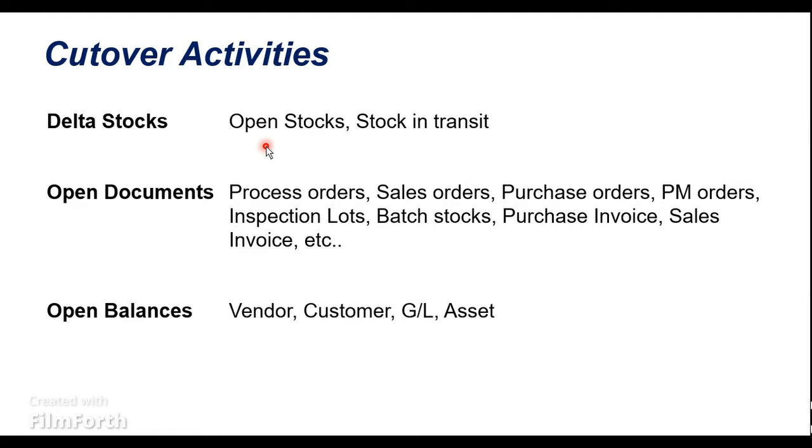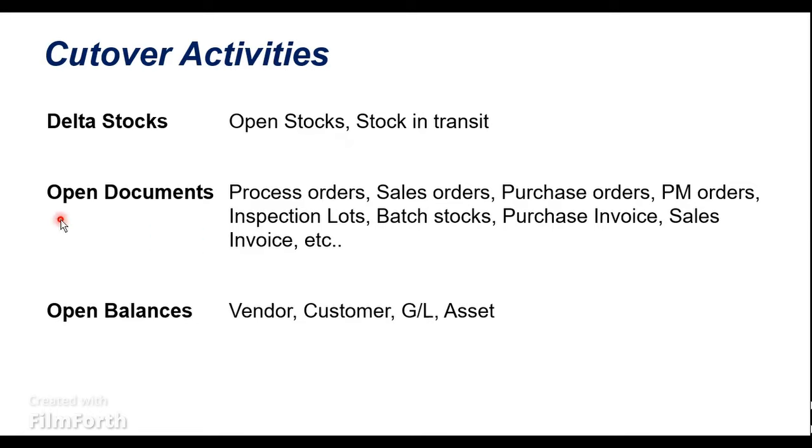If they would like to use these transactions posted in the cutover phase, those can be uploaded during the cutover activity itself. That could include your open stocks and also the stocks in transit. These will be uploaded or executed in SAP before the go live activity, right?